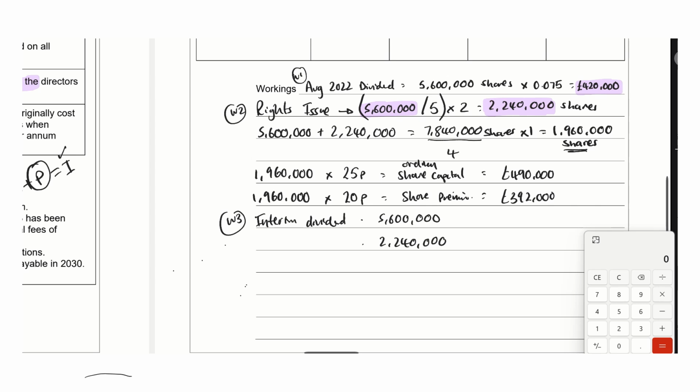So 2,240,000 was issued for the bonus shares, and then we have a rights issue that we made, and we issued, if you remember, an extra 1,960,000 shares. So we need to add up all of these shares.